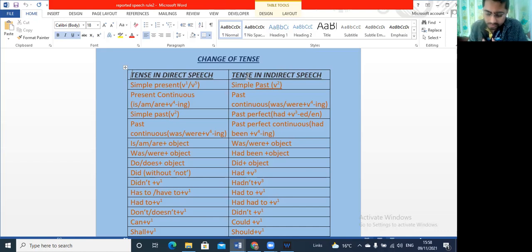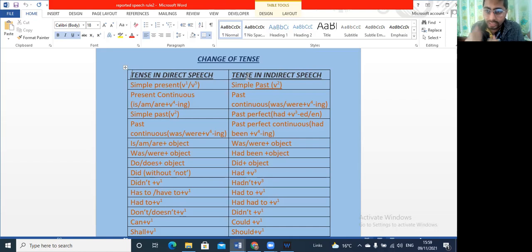I have already discussed the change of tense. Simple present changes into simple past. The reported statement in direct speech having simple past changes into past perfect, and note one thing, past perfect tense is never changed.